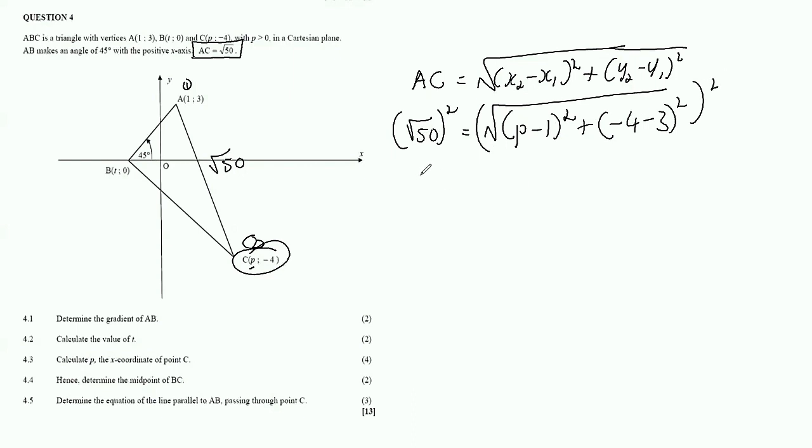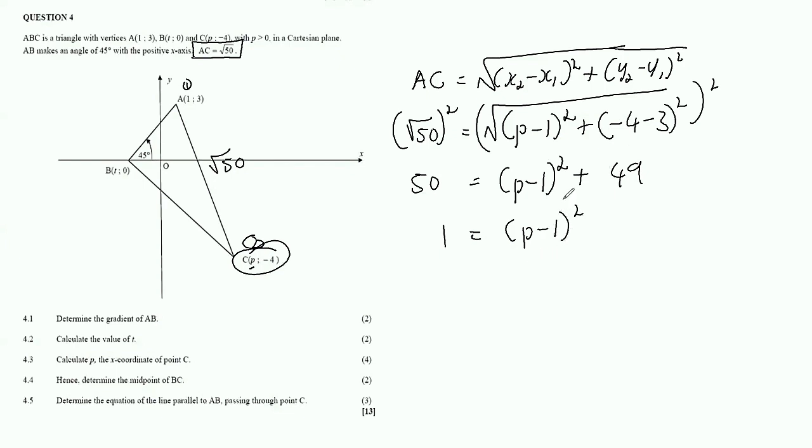We have 50 here, and then here this will end up being p minus 1 squared. And then here we have negative 4 minus 3, which is negative 7, but then negative 7 squared is 49, right? Then we can take the 49 and transpose it over to this side, that's 50 minus 49, which is 1. And then we have our p minus 1 squared.